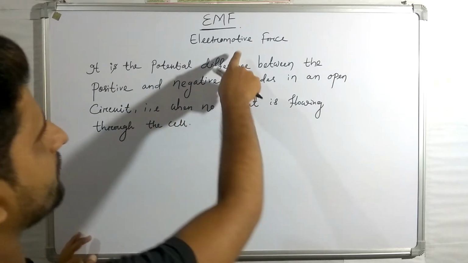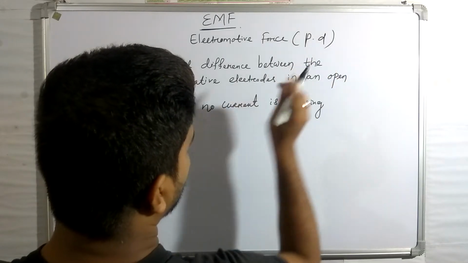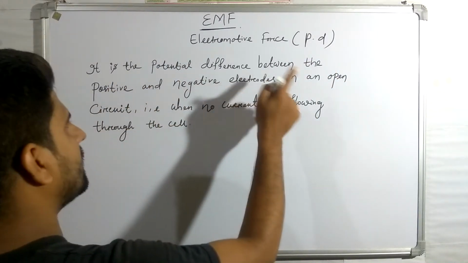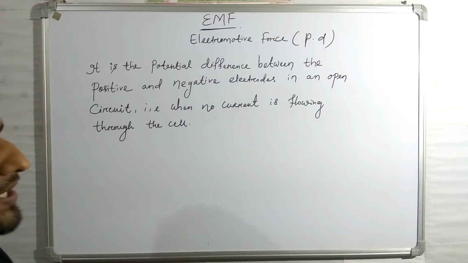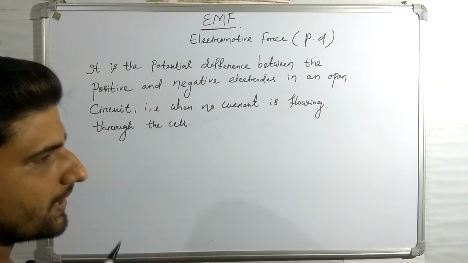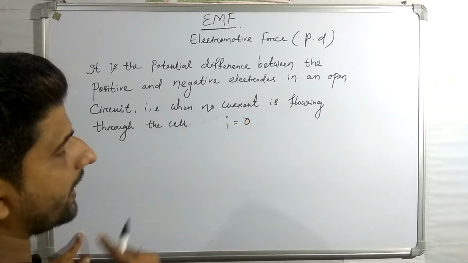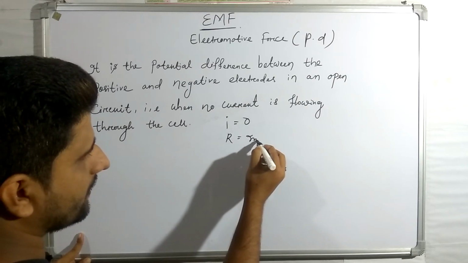It is the potential difference between the positive and negative electrodes in an open circuit. That means when no current is flowing through the cell. So here the current is 0 and the resistance is infinite.